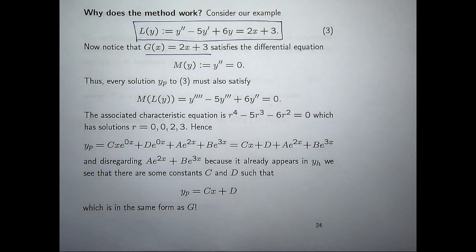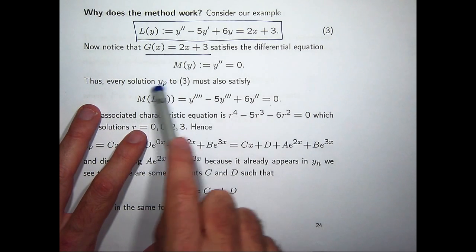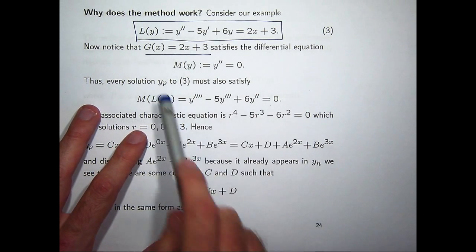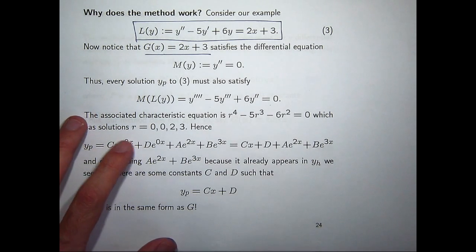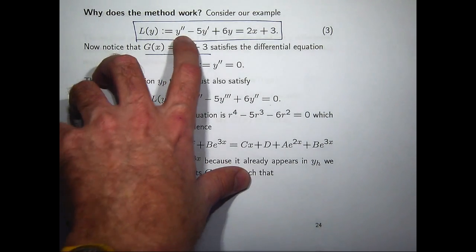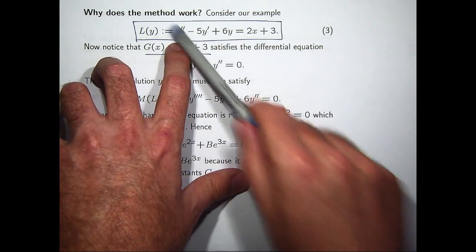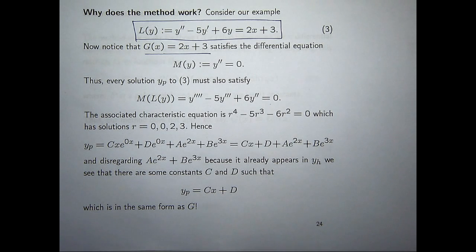What we do is, suppose y sub p is a solution to this. We don't know what it is, but let's just try to construct it. What I can do is differentiate the original ODE in some way that annihilates the right-hand side.